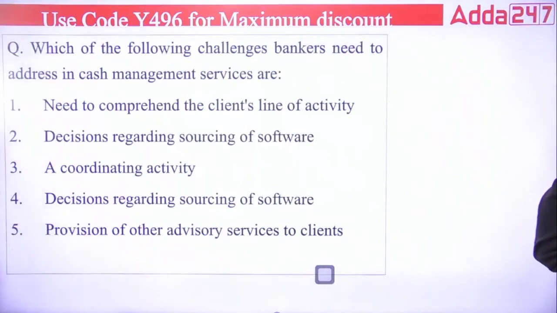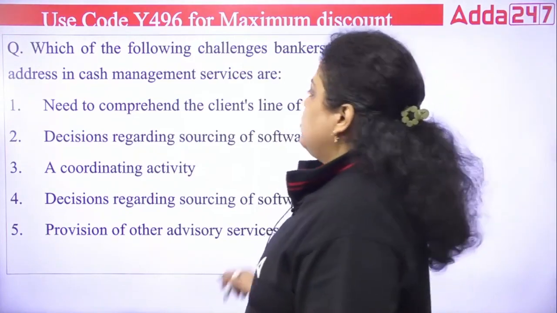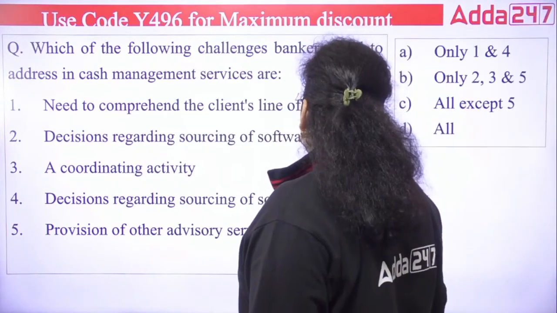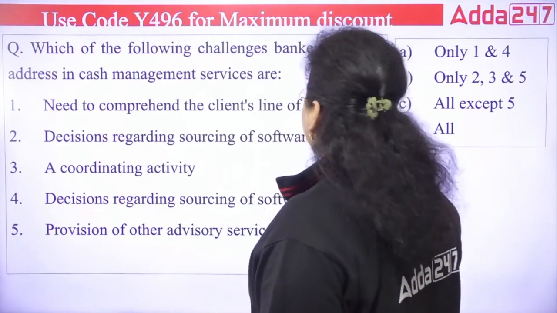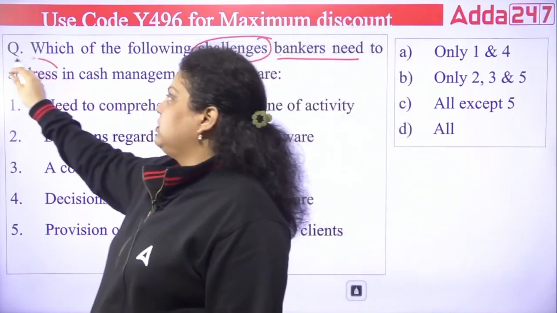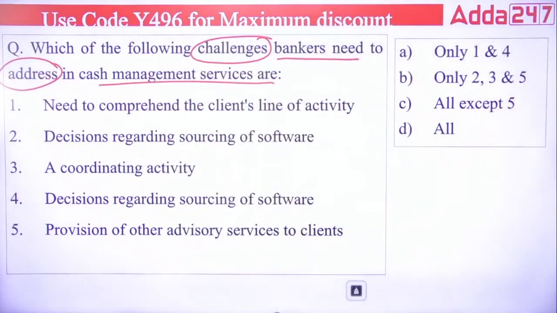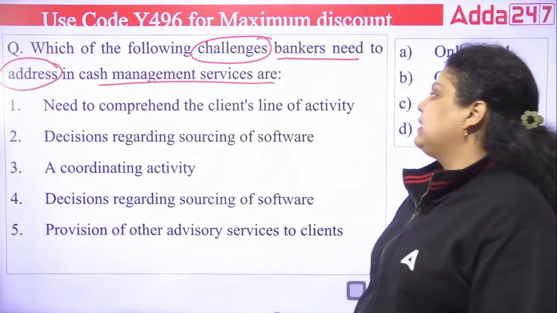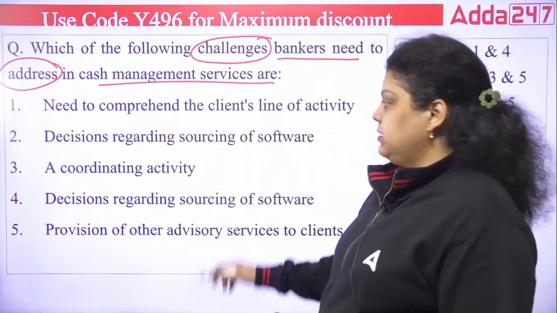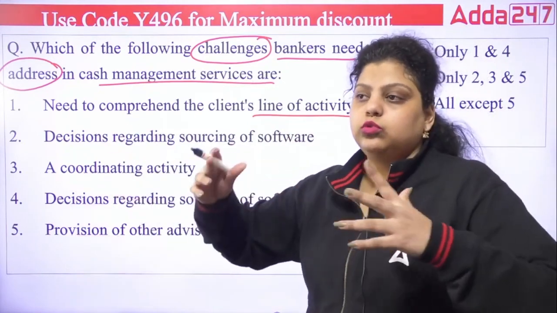Now, which of the following challenges does a banker need to address in cash management services? Certain challenges have been written in front of you, and the question is asking which of them the banker needs to address. First is the need to comprehend the client's line of activity, like how many product lines the customer has: 2, 3, 4, 5.